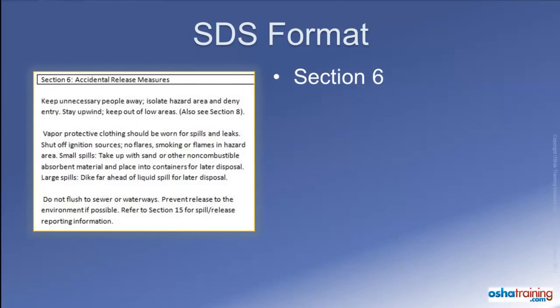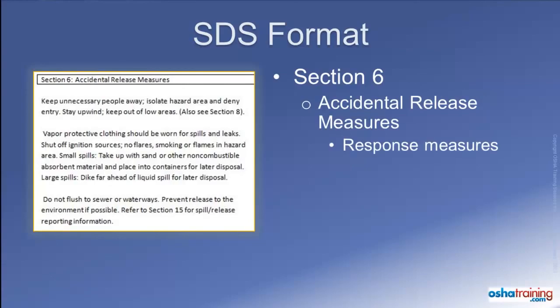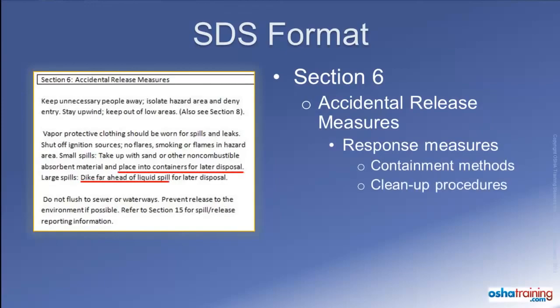Section 6 of the Safety Data Sheet provides the manufacturer's recommendations for responding to spills, leaks, or accidental releases of their product. This could include response measures for containment and cleanup methods to be used to prevent or minimize exposure for response personnel.